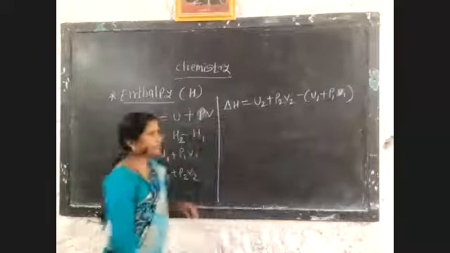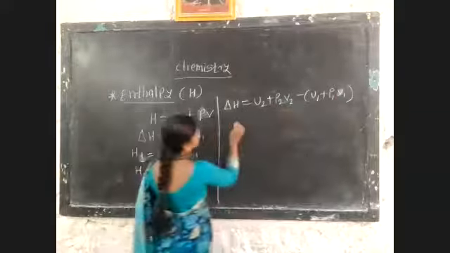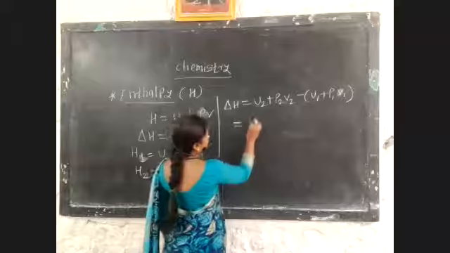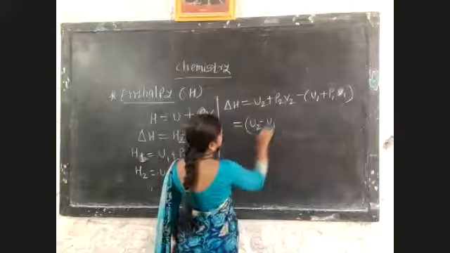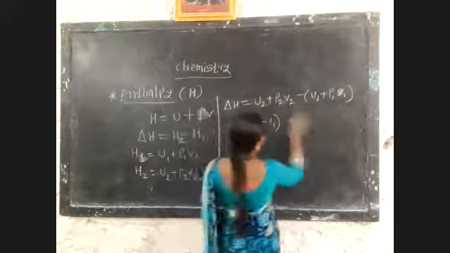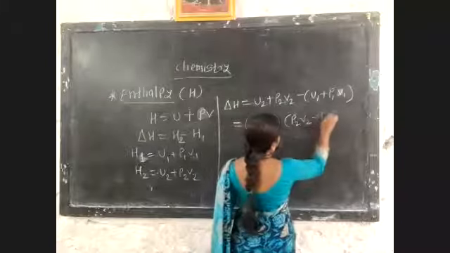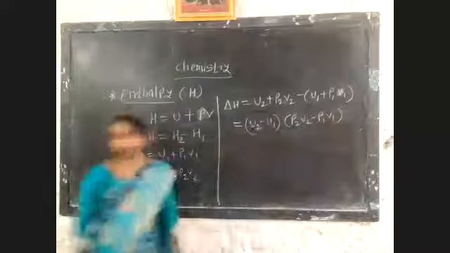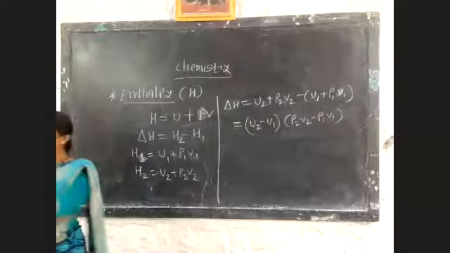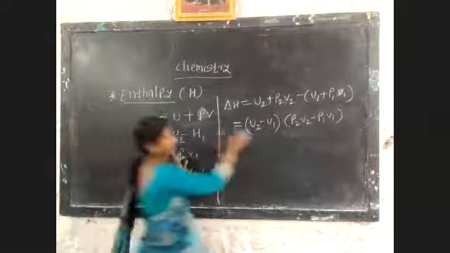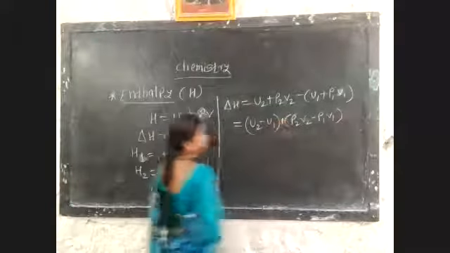Then solve the same terms. Taking on one side U2 minus U1, this is first, and P2 V2 minus P1 V1. This equation becomes like this: P2 V2 minus P1 V1.